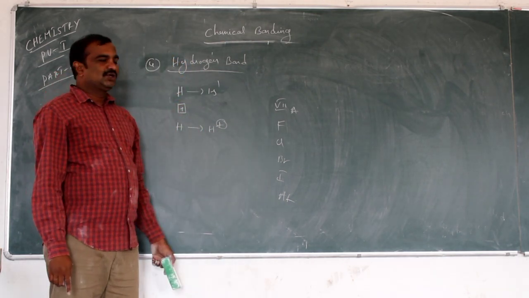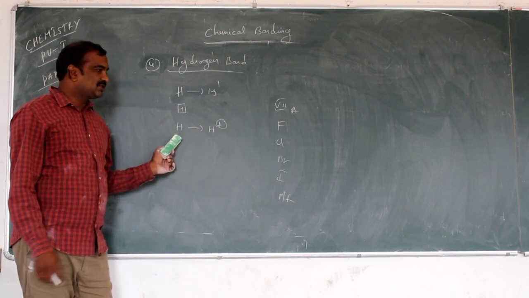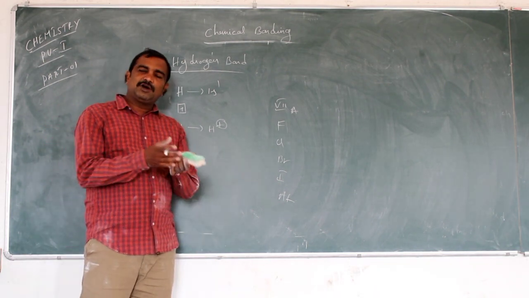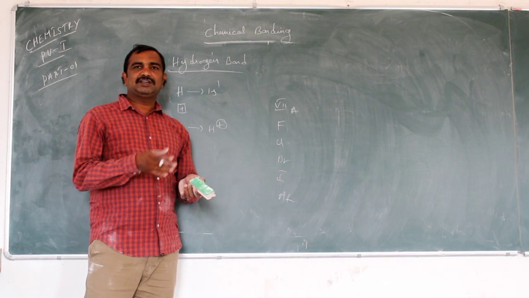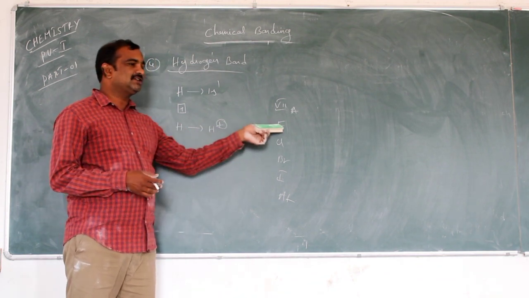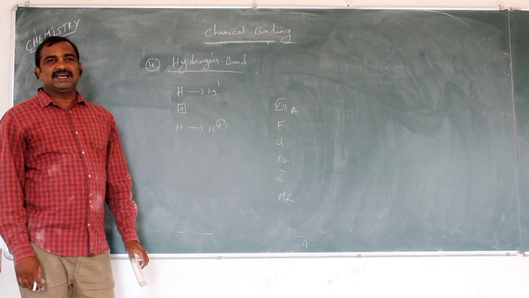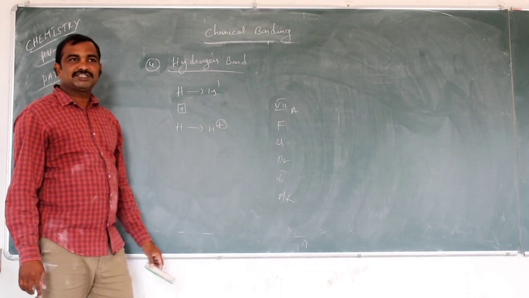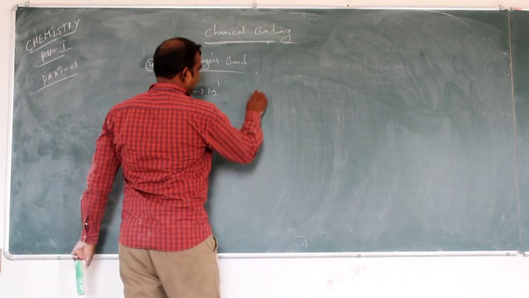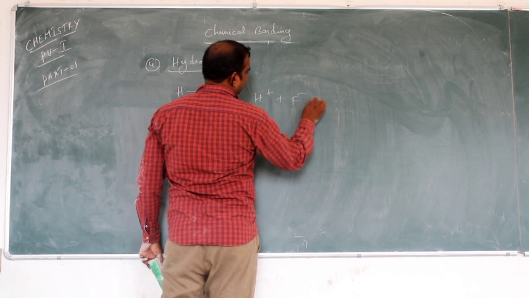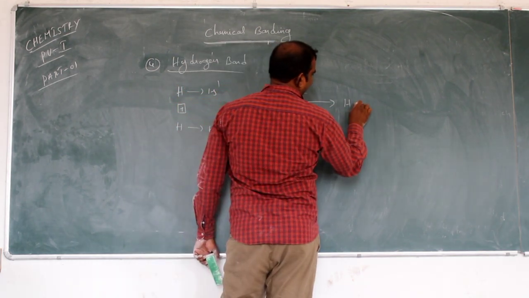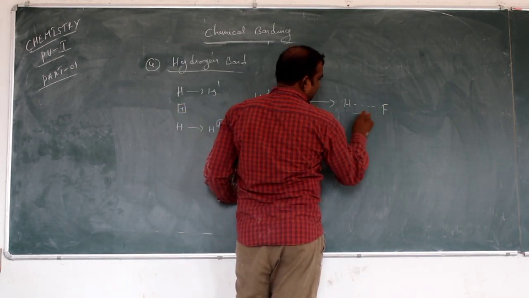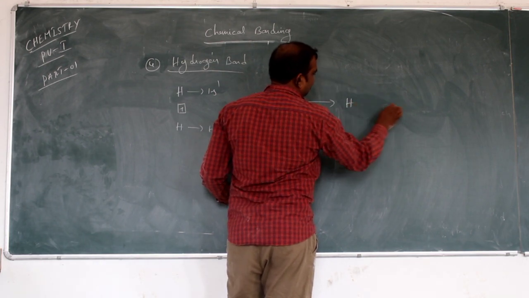If this small size H plus ion makes a bond with big sizes, that molecule will not exist. So this small size atom makes a bond with small size anions, small size rich electron, which is F. H plus makes a bond with F minus and is formed as HF. This bond is called hydrogen bond.